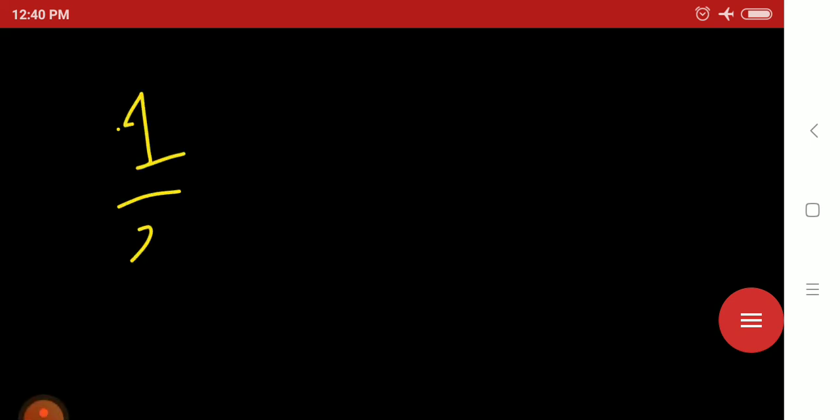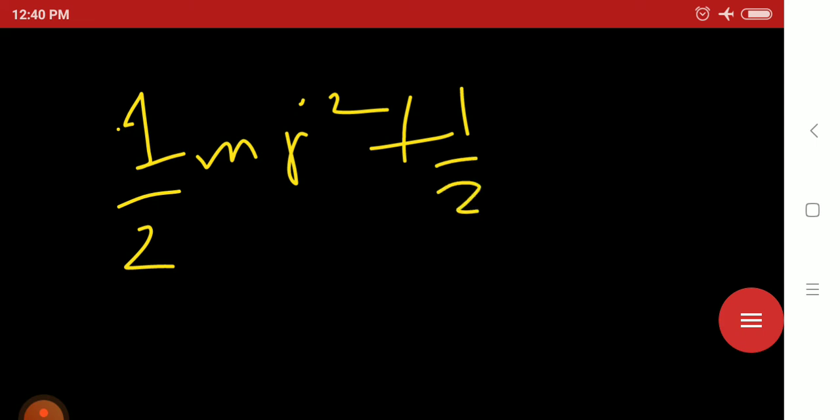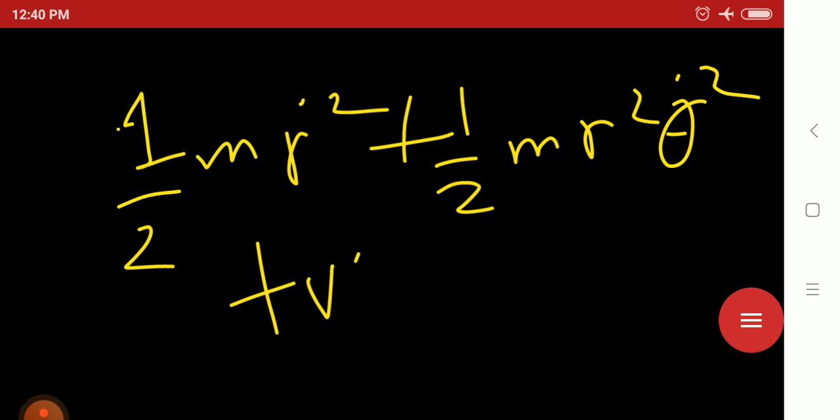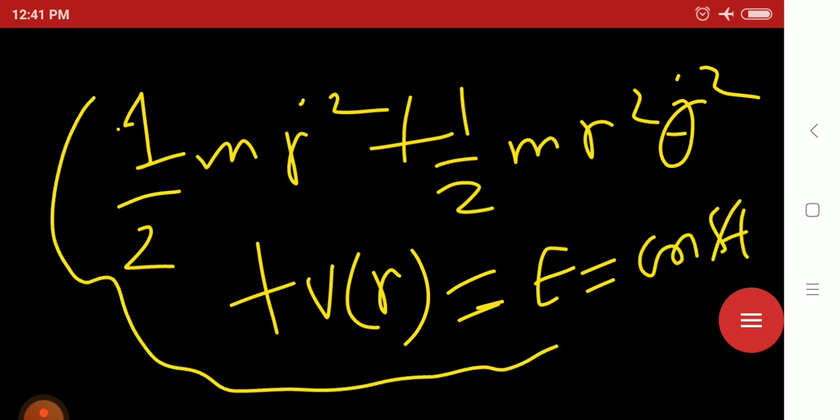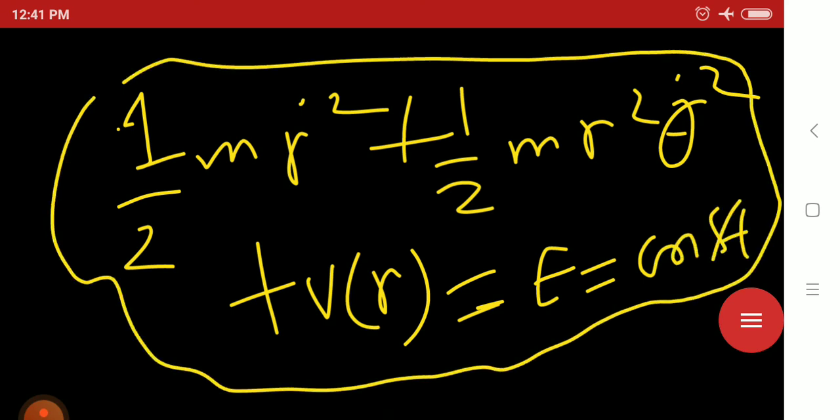And what is that result? We will get half m r dot square, remember this result, plus half m r square theta dot square plus V of r, this potential energy, equals C, that is constant. It is another first integral of motion.